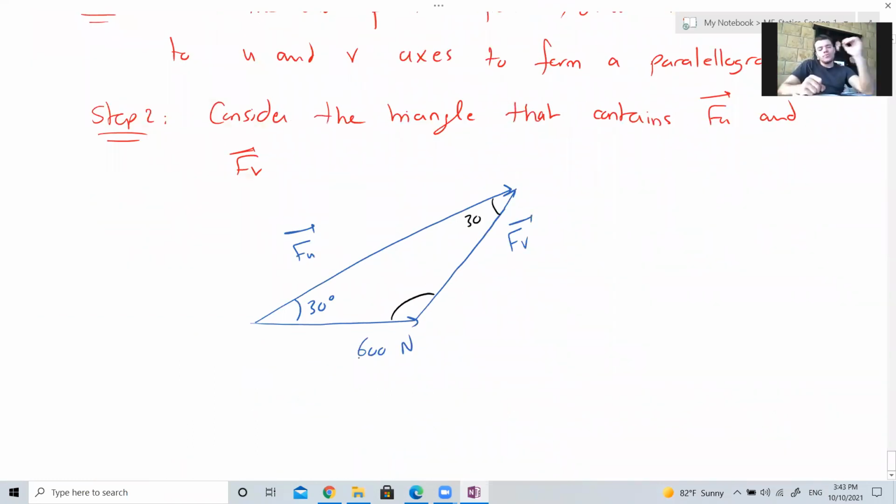What is this one? 180 minus 60, which is 120.